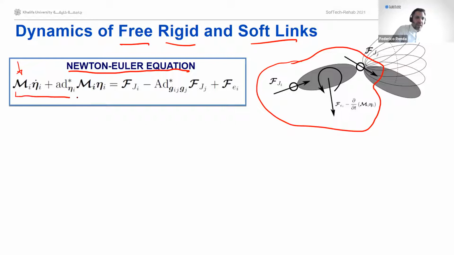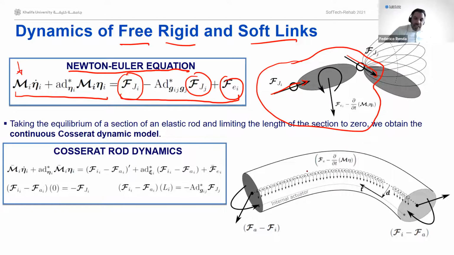On the left, we have the conventional inertia force or effective force. And on the right, we have the forces acting on the system, that are external forces, and also the force due to the joint attached to it of the adjacent body.